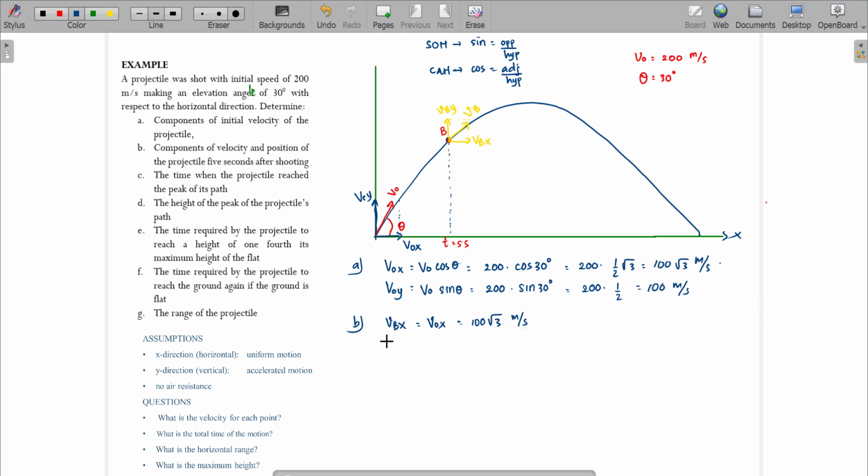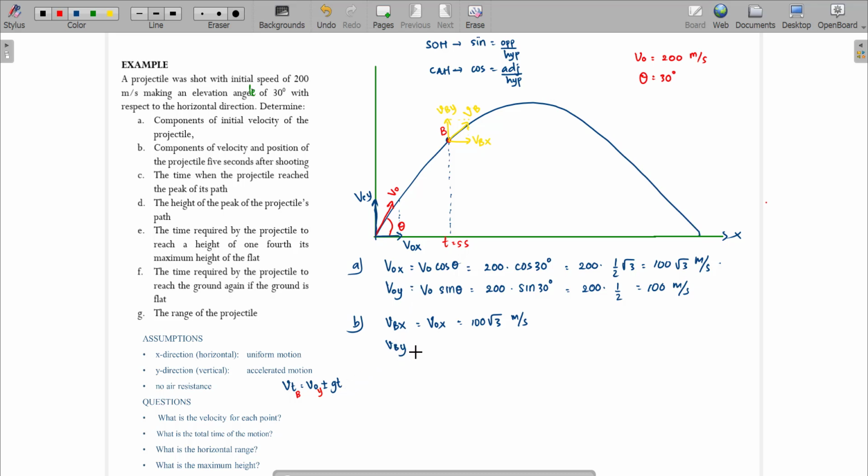Clear. And for the y-axis, because this is vertical motion, we use accelerated motion. Do you remember the formula from linear motion? This one: Vt equals V0 plus or minus gt. Okay, we use this formula. Let's say the final position here is B, and for initial velocity, because this is vertical, you must use the y-axis.